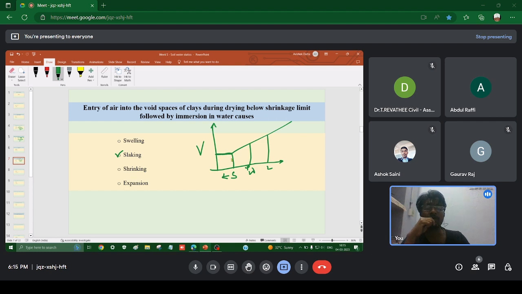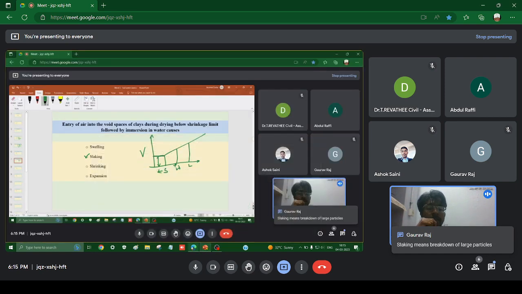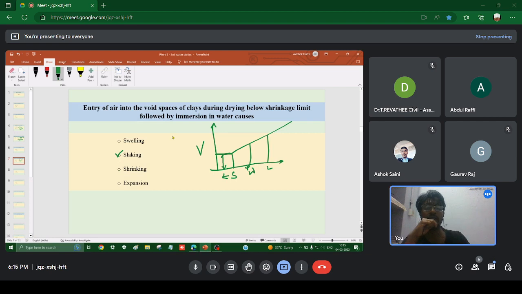If the volume is constant, then the water from the pores is being drained out. Then what will occupy the void? Air. So drying below shrinkage limit, air enters into the void spaces. Now after drying, suppose up to this level we dry it, and immediately after that we immerse the sample into water.